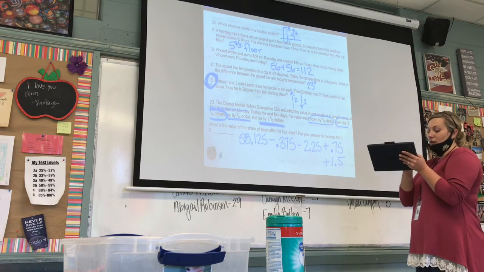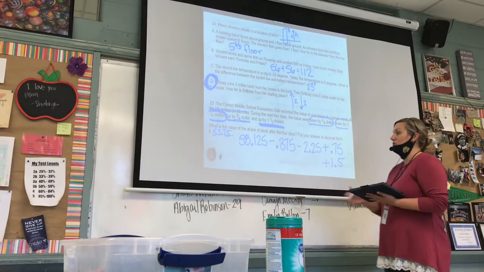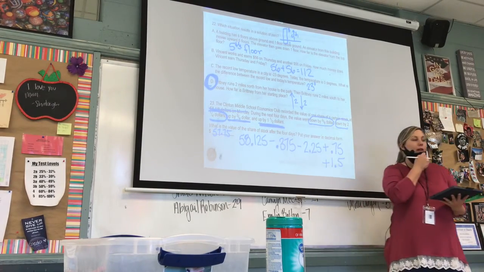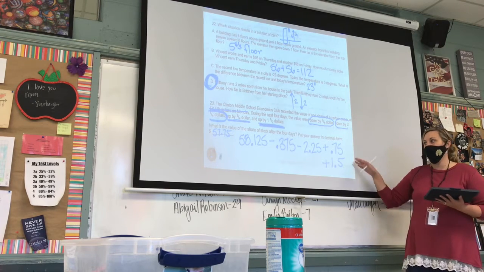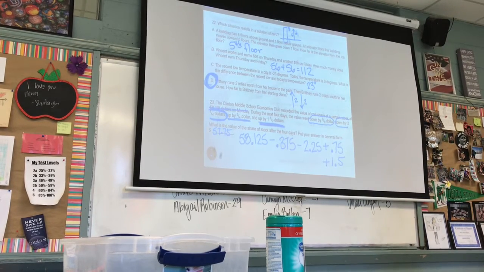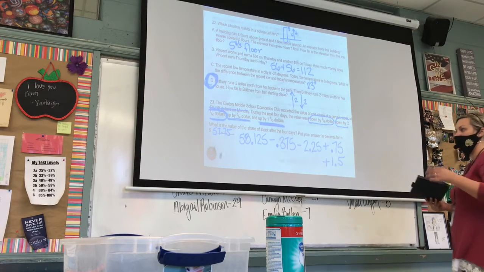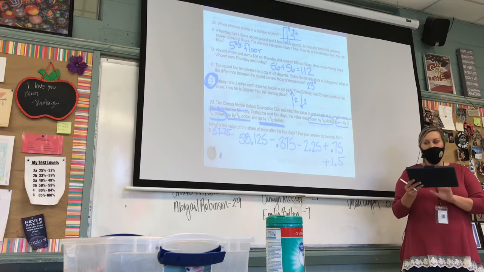It is 57.75. So if you've got something different, just go back, it's so easy to hit the wrong button. So that's why I say triple check these. Because it's not hard and you don't want to miss it just because you hit the wrong button on the calculator. You can go back and try it one more time and make sure you get it. Those of y'all that did not get 57.75.